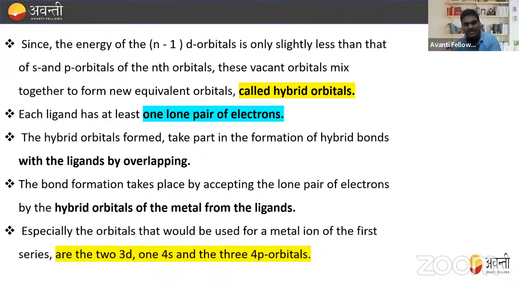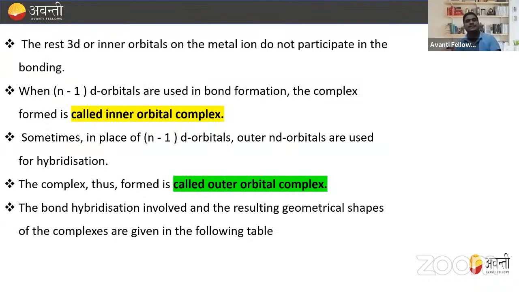Especially, the orbitals that would be used for a metal ion of the first series are the two 3d, one 4s and three 4p orbitals, right? The rest of the 3d or inner orbitals on the metal ion do not participate in the bonding.